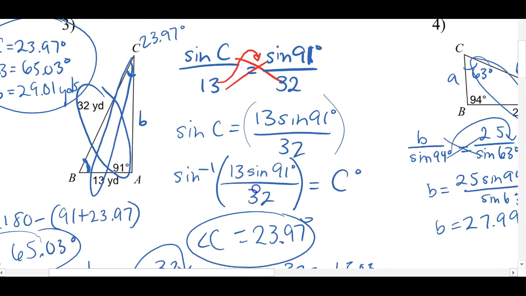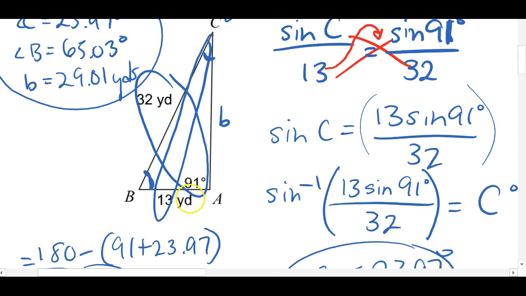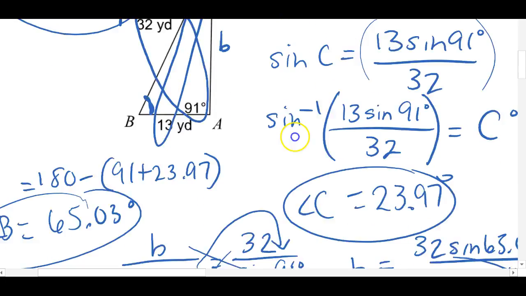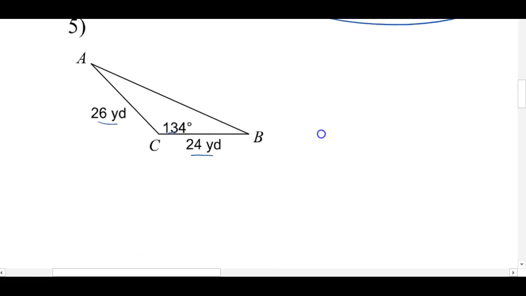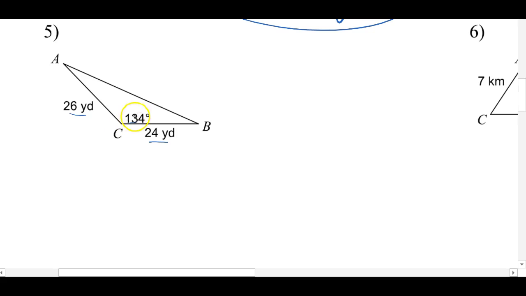Here we had two sides and an angle. However, in the earlier case we had a pair, a side with an opposite angle. In this case where we just have two sides and an angle, we don't have a pair. So the angle C does not have a side opposite of it.